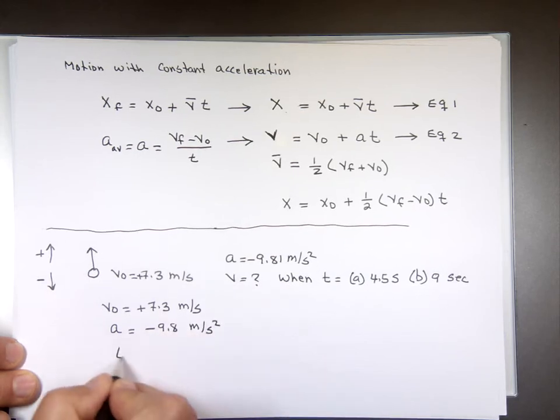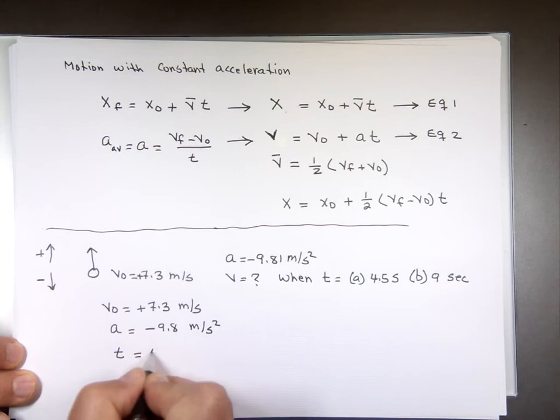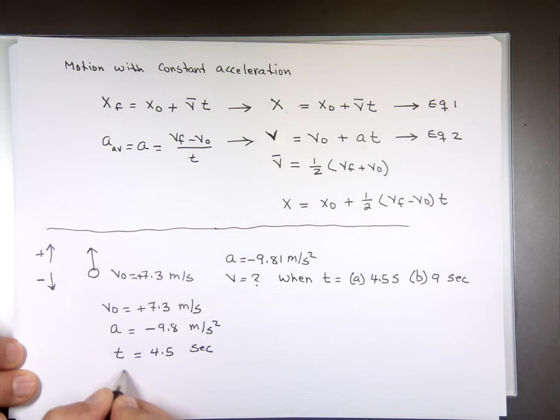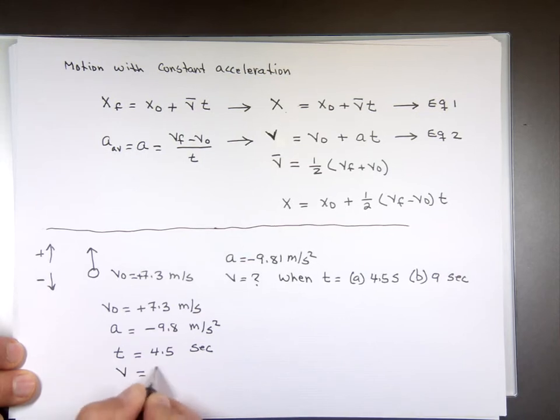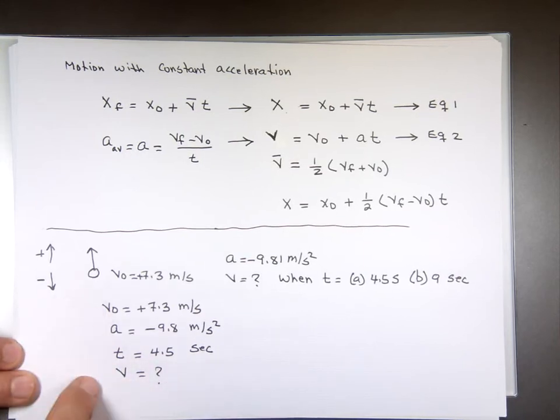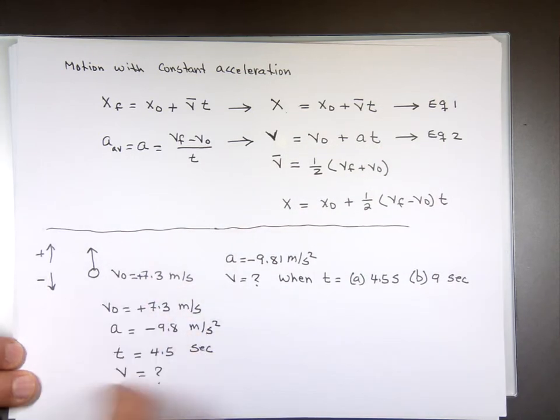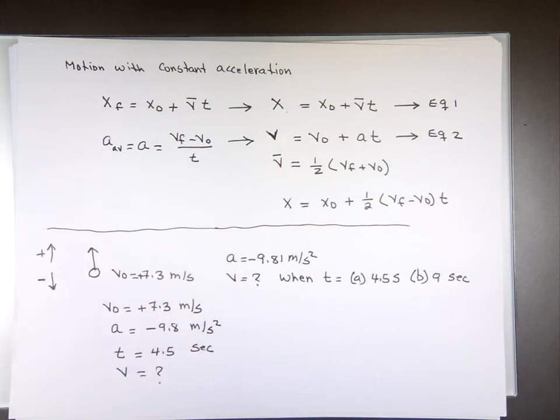I know the time for part A is what? 4.5 seconds. Now I'm looking for the final velocity. Which one of these two equations has all these parts in it? The second one. So if I'm going to use one of these two equations, it's going to be the second one.